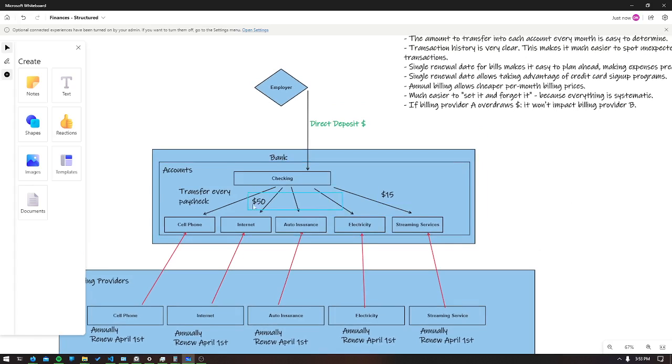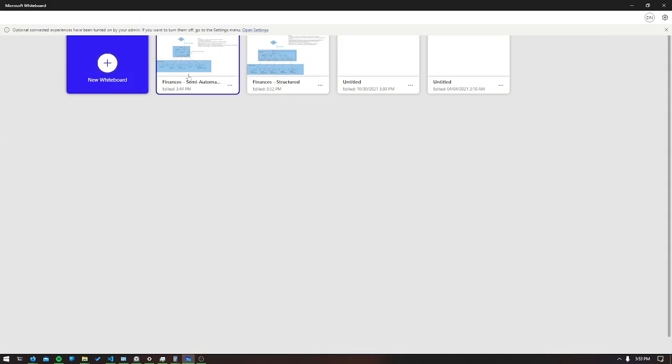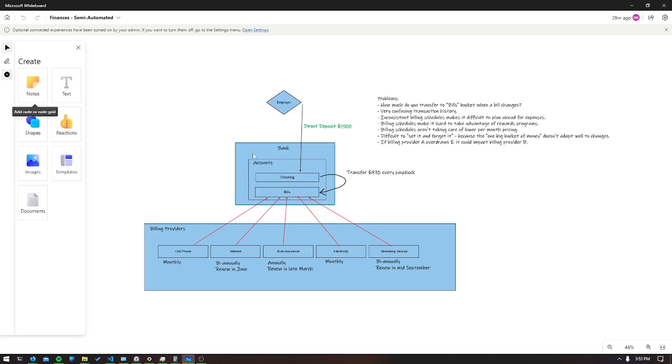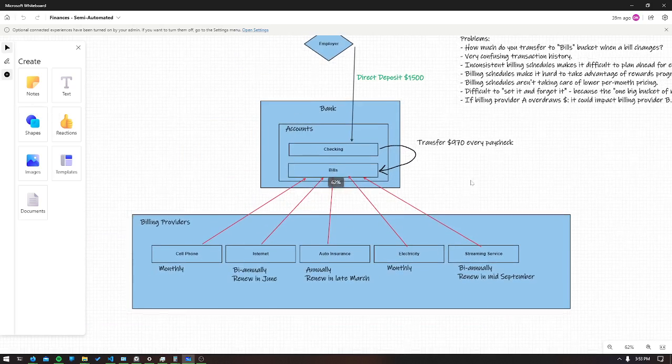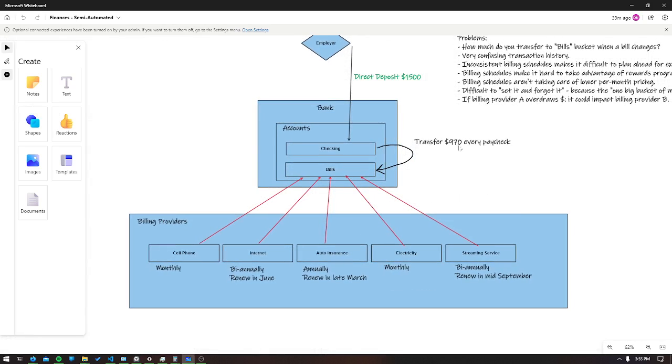So when you have that predictable pricing, and everything's broken out like this, it should be easy to set it and leave it there and not think about it a lot. Compare this to over here, where you have all these different providers mixed in together, and you're transferring over this lump sum.